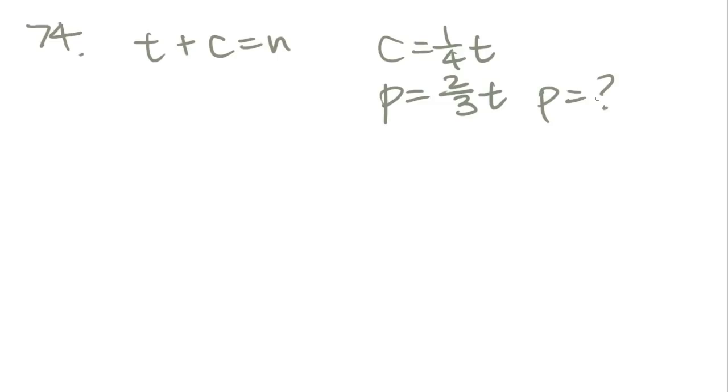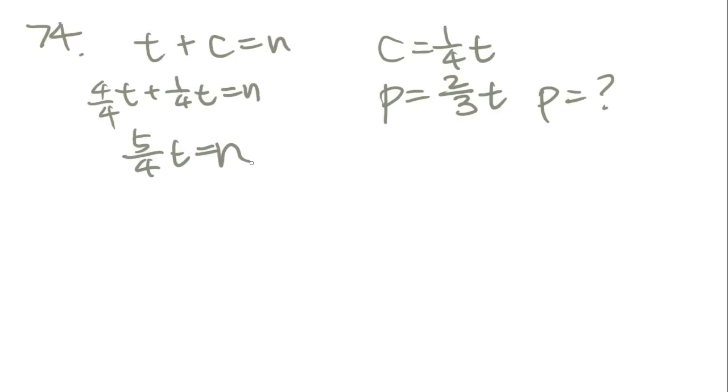Okay, T plus C equals N. C equals 1/4 T, so basically it's saying T plus 1/4 T equals N. That's the same as saying 4/4 plus 1/4, which is 5/4 T equals N. Now let's turn that T into a P, and we have this equation to help us do it. T is the same as 3/2 P, and we know this because we just cross multiply.